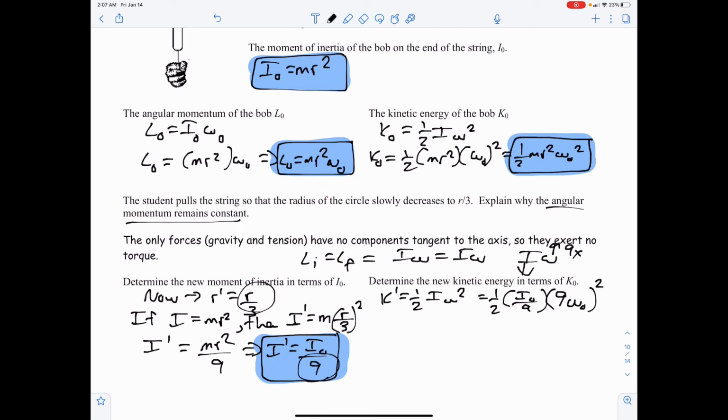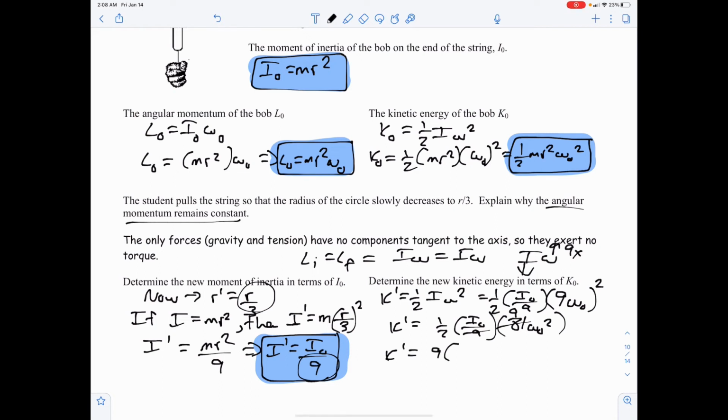So our new kinetic energy is 1/2 times I naught over 9, and then 9 squared would be 81 omega naught squared. Well, that goes into that 9 times. And rearranging this a little bit, I'll move that out front.